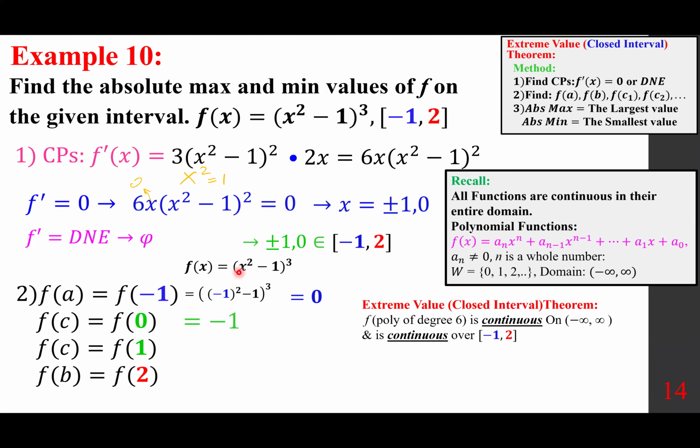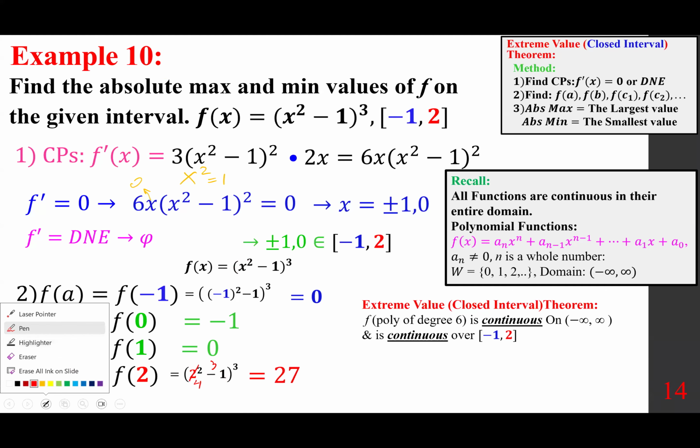If I put 1, 1 squared is 1, minus 1 is 0, so to the third power is 0. If I put 2, 2 squared is 4, 4 minus 1 is 3, 3 cubed, 27.